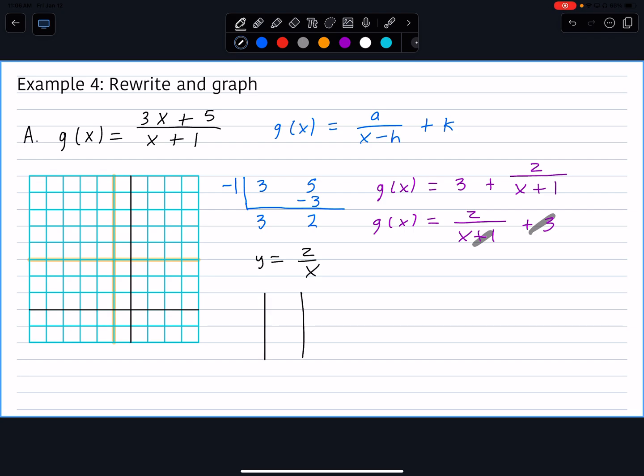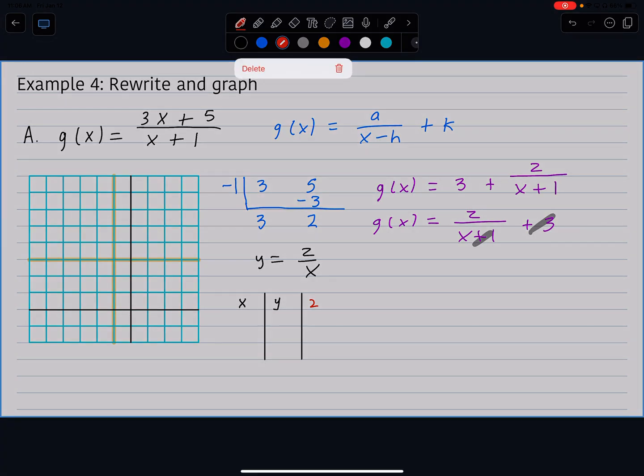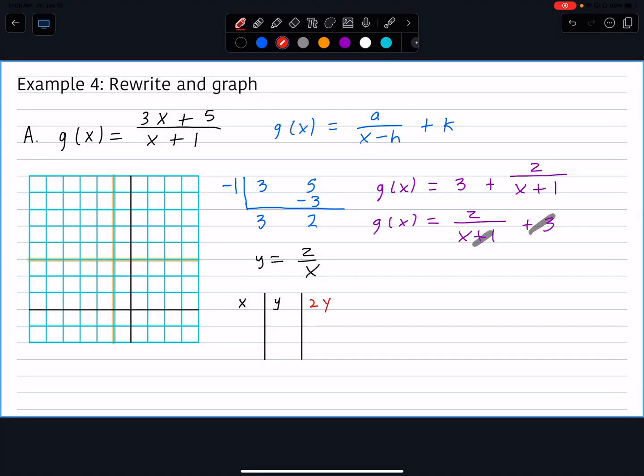I'm going to use my parent function, which is y equals 1 over x, and then I'm going to stretch it. So this is x, this is the y for the parent function, and then I'm going to take 2 and multiply it to y to deal with that vertical stretch. So in this case, using our typical numbers, I'm going to use -2, -1, 1, and 2.